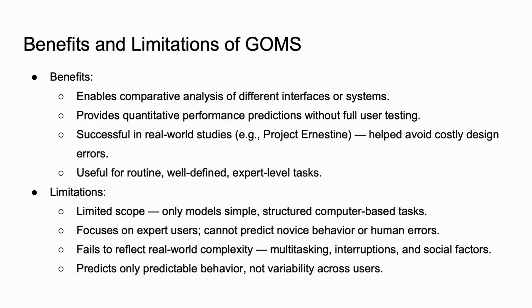It works best for short, repetitive, and predictable tasks performed by experts. Real world behavior, with its interruptions, multitasking, and learning variation, is much harder to model. Thus, while GOMS can help compare systems efficiently, it does not capture the full complexity of how real users interact in everyday environments.